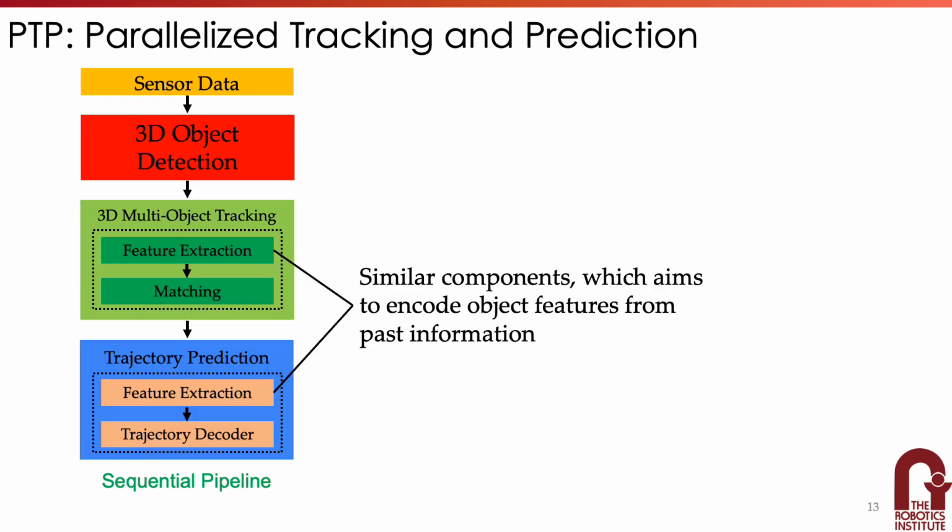To illustrate the differences, let's take another look at the standard pipeline, especially the tracking and prediction modules. We can see that both modules have a similar feature extraction component, which aims to encode object features from past information, such as objects' locations. In addition to feature extraction, there are also module-specific components, such as the matching unit and trajectory decoder.